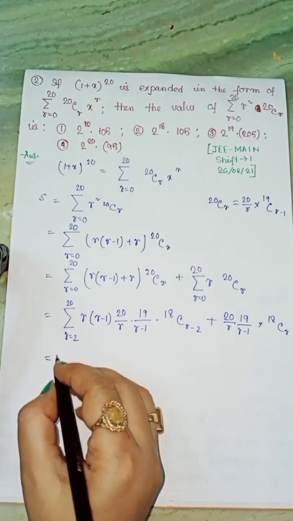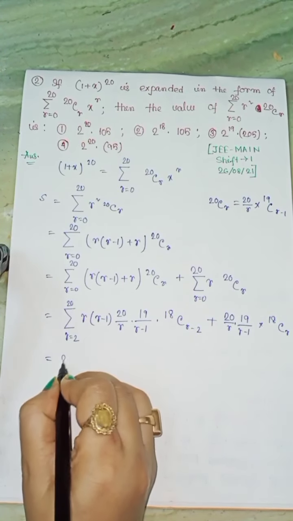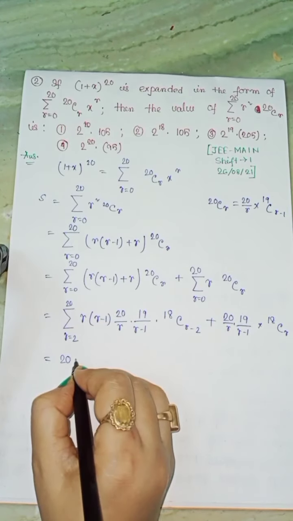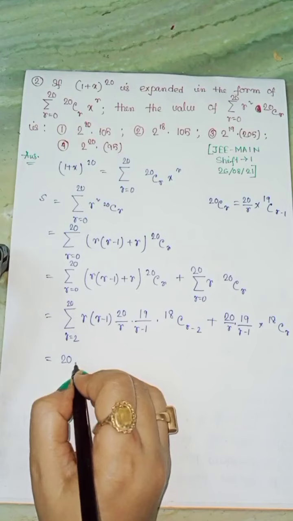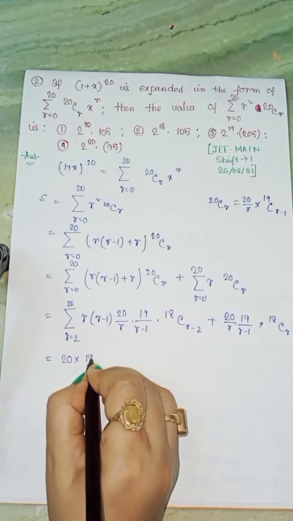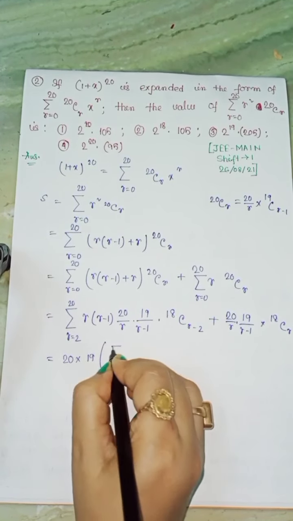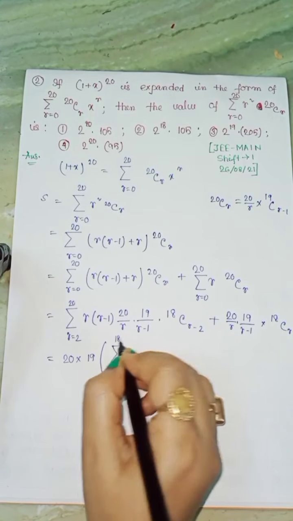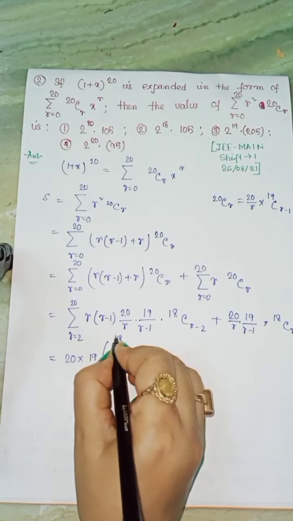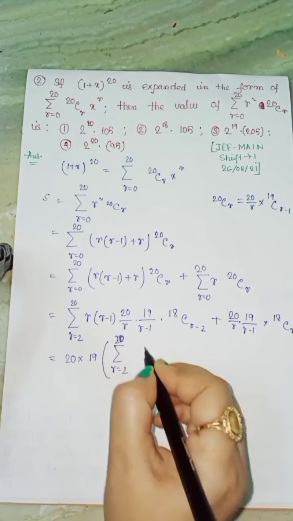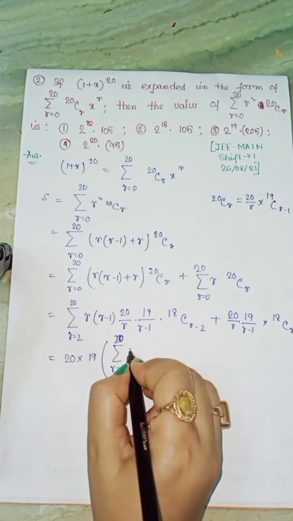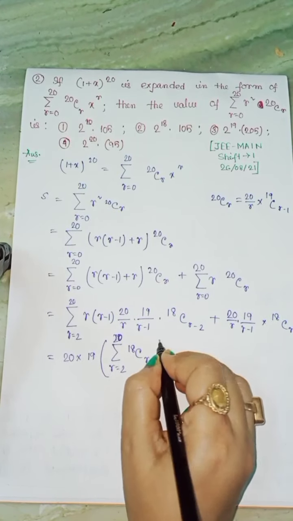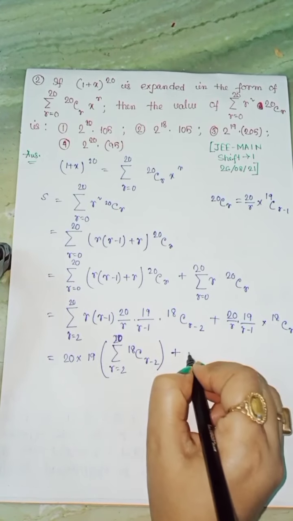So this one is equal to, we may write 20, when we take the algebraic numeric outside, 19 summation r is equal to 2 to 20 of 18 c r minus 2, bracket closed.